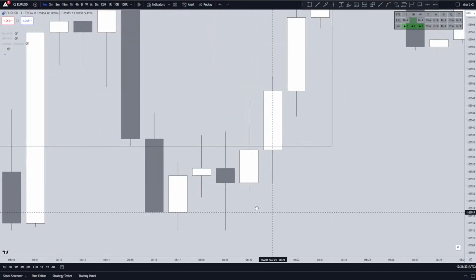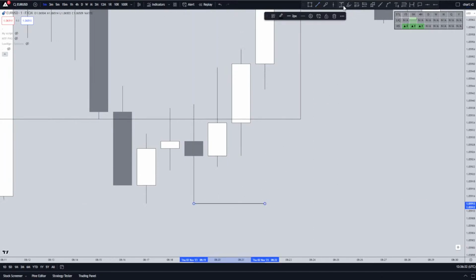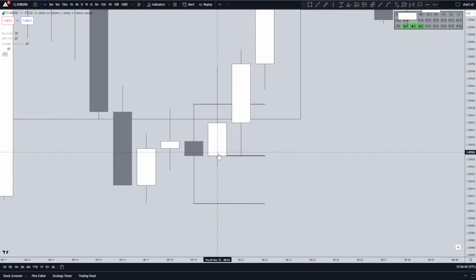Okay, this one. So in this case, that's the low, that's the open, and that's the high. In this case, it pushes lower, but what it instantly does is respect the low.